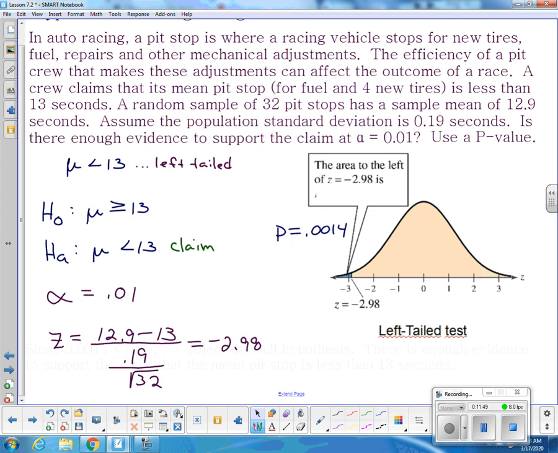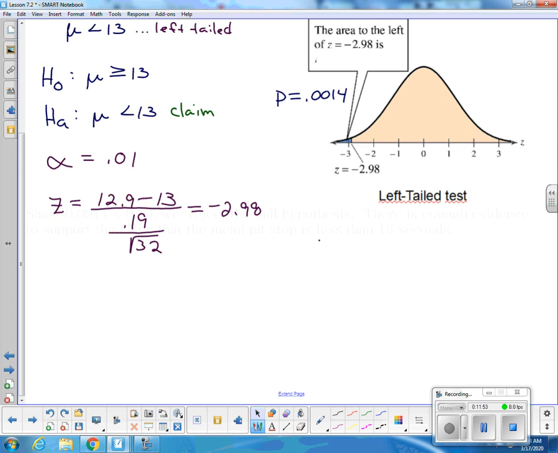Now you need to compare the p-value to your significance level. And we're going to say p-value 0.0014 is less than our significance level, which is 0.01. Okay? So the p-value is less than our alpha.